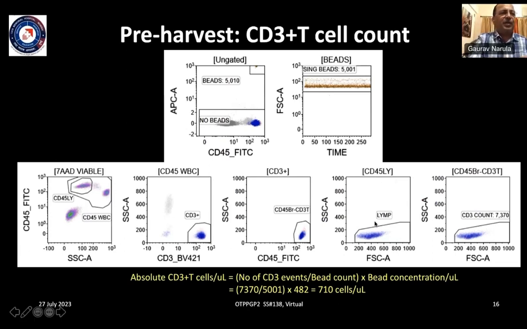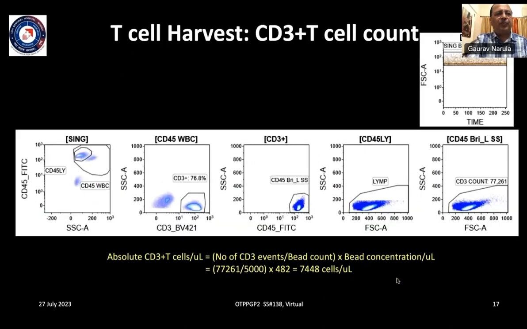So here, this is how you calculate the absolute CD3 count in these plots. In this case, it is working out to 710 cells per microliter, so we were able to proceed with the apheresis.